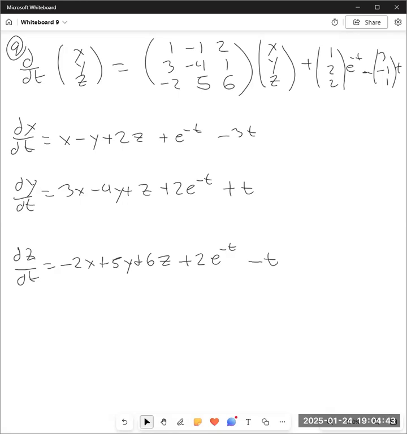Let's move on and look at number 11 from the book. And the instructions change there and say that we are to verify that the vector capital X is a solution of the given homogeneous linear system. Homogeneous meaning that it is equal to the 0 vector.